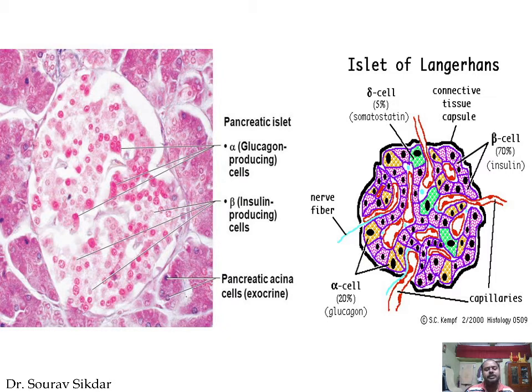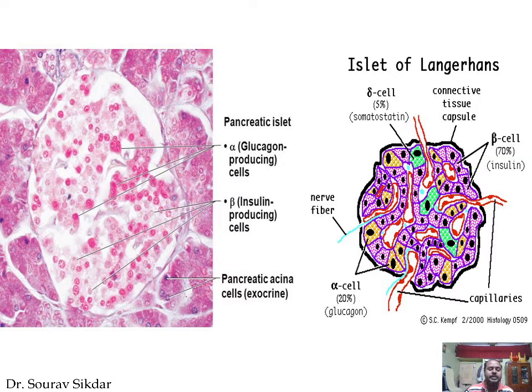Alpha cells, present in nearly 20 to 25%, are involved in the synthesis and secretion of the glucagon hormone, and beta or B cells are actually present in high amount here. They are involved in the release of insulin hormone and are present in 60 to 65%.